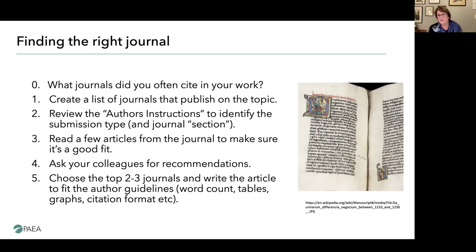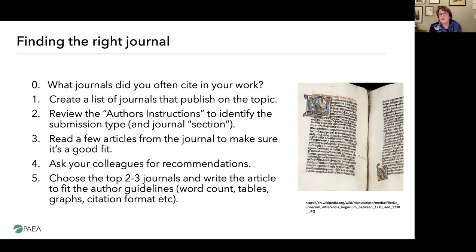That means it's a very policy-focused journal, and so maybe your work really fits in that venue rather than the venue of JPAE or JAPA, because both of those have very different focuses, education and clinical practice.